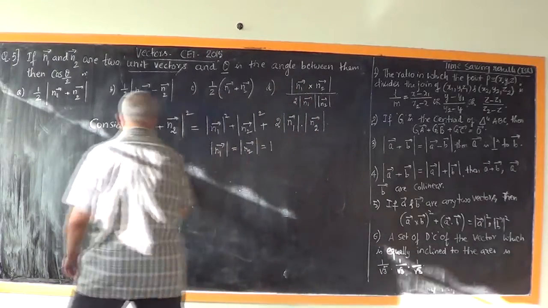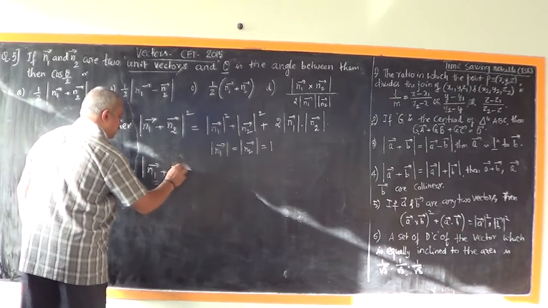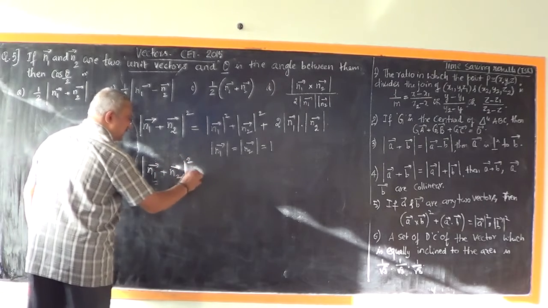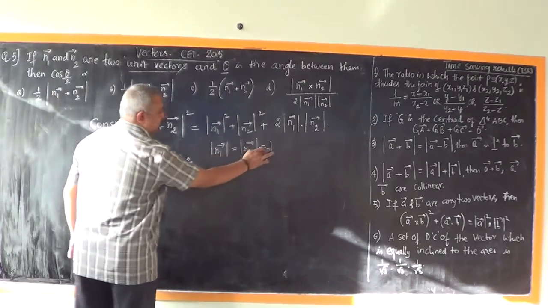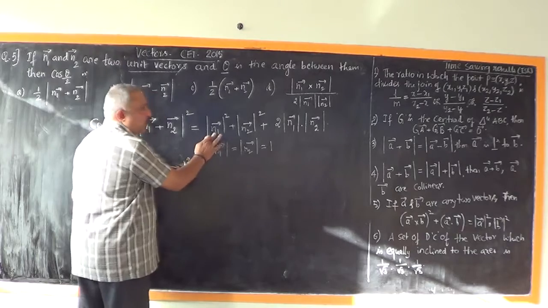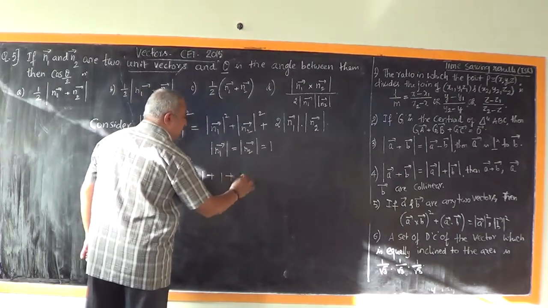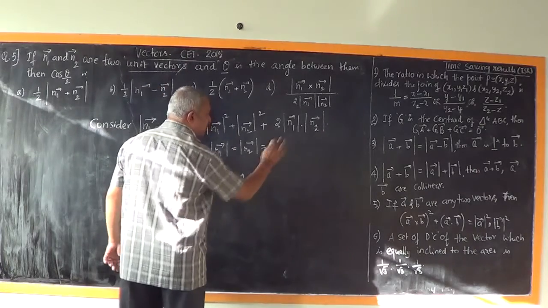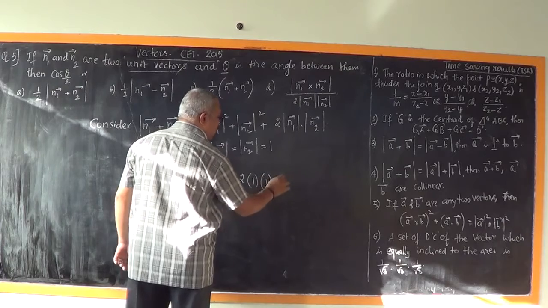So the magnitude of vector n1 plus vector n2 on the left hand side, the square is retained, is equal to 1 squared, that is 1, plus 1, plus 2 times the magnitude of vector n1, 1, the magnitude of vector n2, 1, into cos theta.